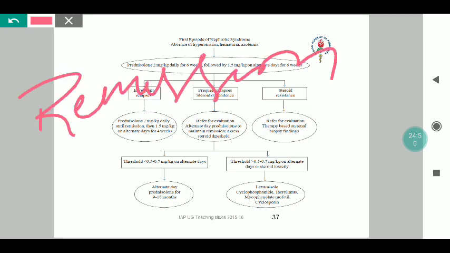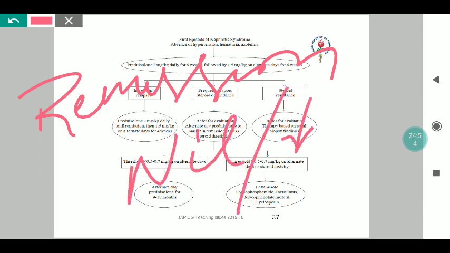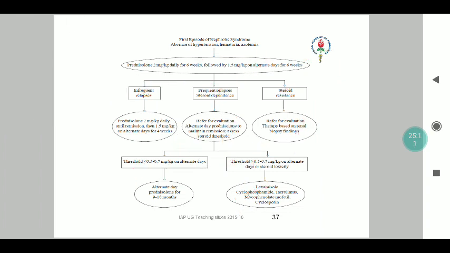Remission is nothing but urine albumin nil or trace for 3 consecutive days in a child. So, if you treat the child and then you assess for 3 days consecutively, if urine albumin comes as nil or trace, you have got the child into remission.